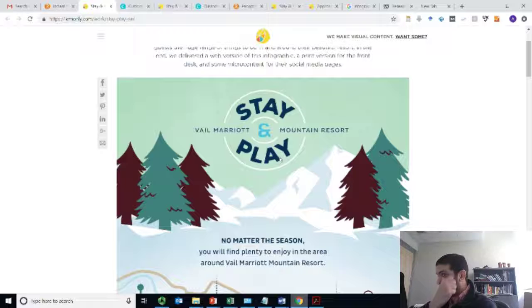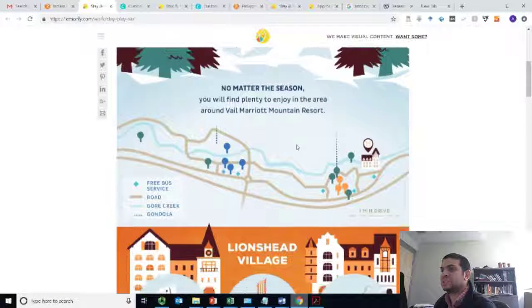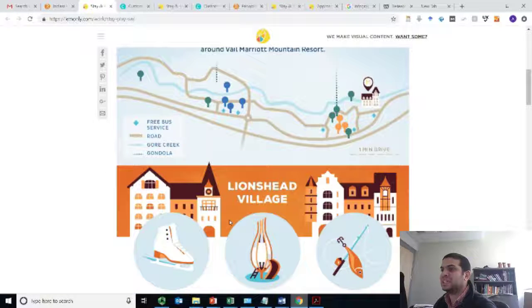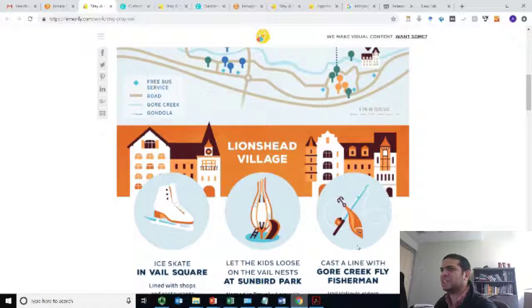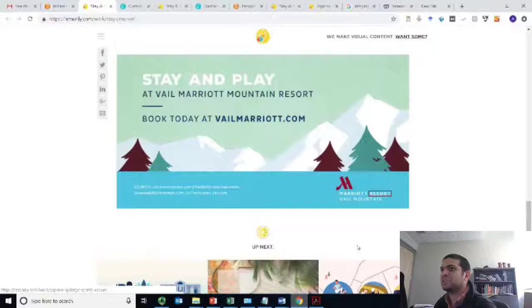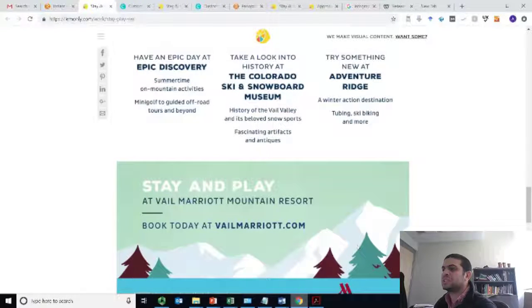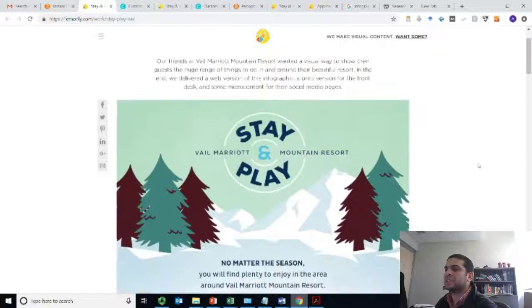So it tells you what the thesis is: no matter what the season, there's something to do. And then it provides the supporting pieces of information, that there are different activities. If you go down that infographic, it's all supporting information for those activities. And this one, of course, is for marketing purposes. So there's a clear call to action here, which is to book at Vail Marriott.